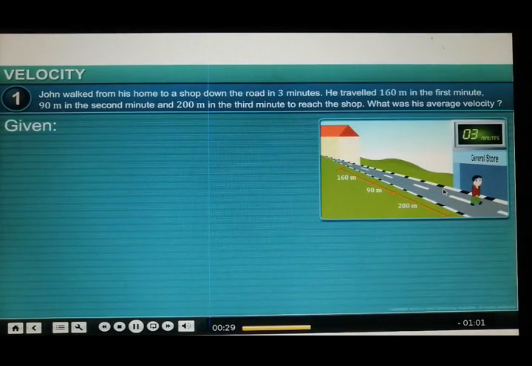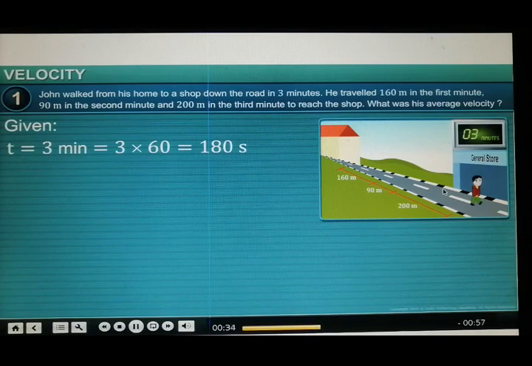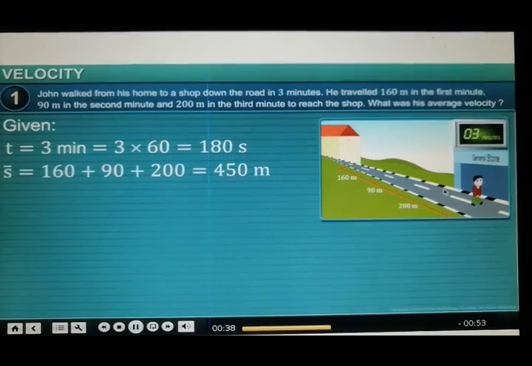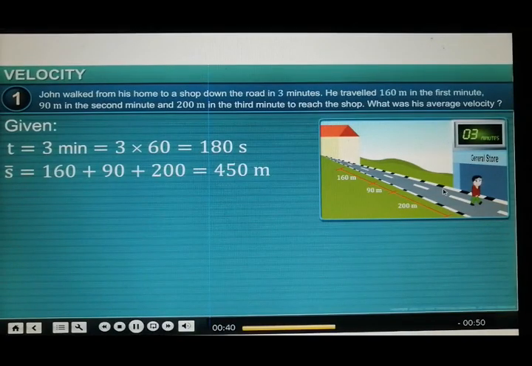Based on the given data, the time taken to reach the shop is 3 minutes, which equals 180 seconds. And the total distance travelled is the sum of distances travelled in each minute. That is, total distance is equal to 450 meters. You can calculate the velocity as the ratio of total displacement to total time taken.